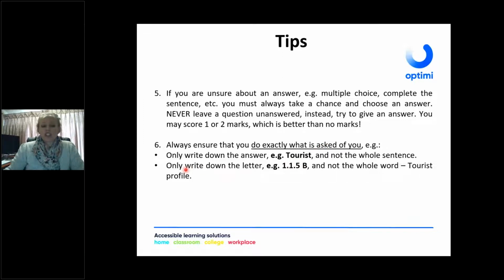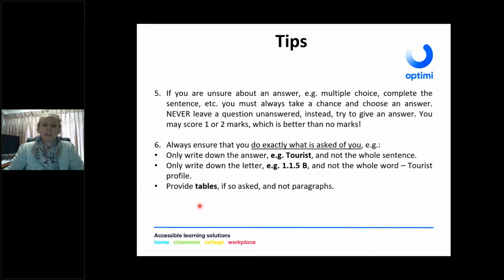The instruction usually reads that you must write the numbering, for instance, 1.1.5, and that you must only write down the letter. If you write down the word, you will not receive that mark because the instruction specifically asked you to write down the letter. Okay, so if, for instance, B's choice was tourist profile, don't write tourist profile, write B, because that is what will be marked.